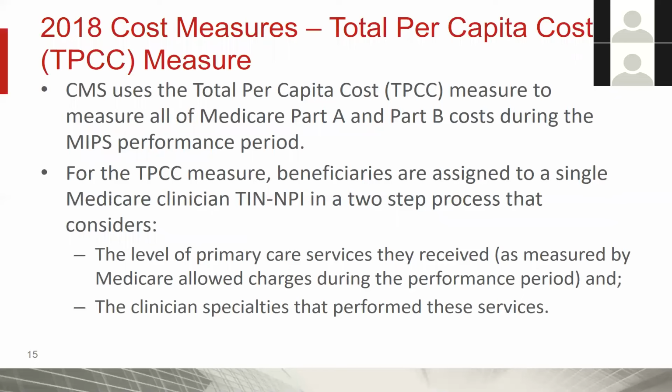For the TPCC measure, beneficiaries are assigned to a single Medicare Clinician Tax ID NPI in a two-step process that will consider the level of primary care services the beneficiary received as measured by Medicare allowed charges during the performance period, and the clinician specialties that perform these services.